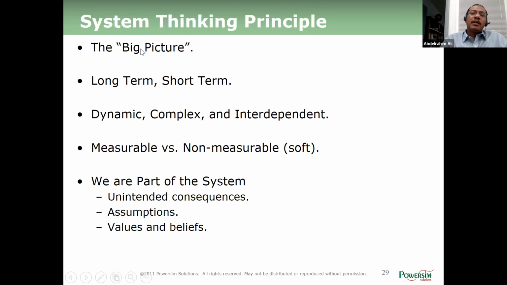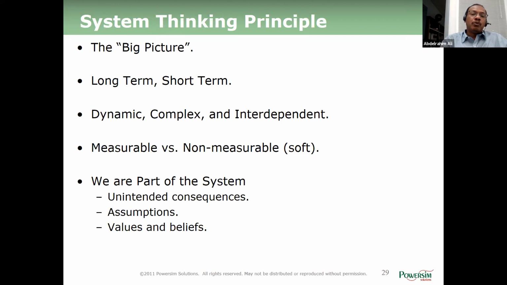So the principles of systems thinking are that you need to look at the big picture instead of focusing only on a narrow area. We also need to focus on long-term versus short-term goals or outcomes. In systems thinking, you need to think about dynamics, complexity, and the interdependence of the factors.